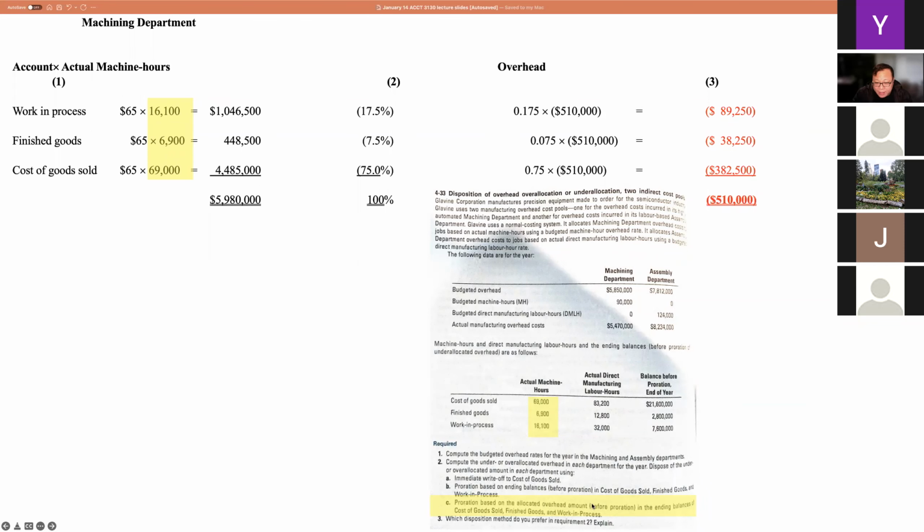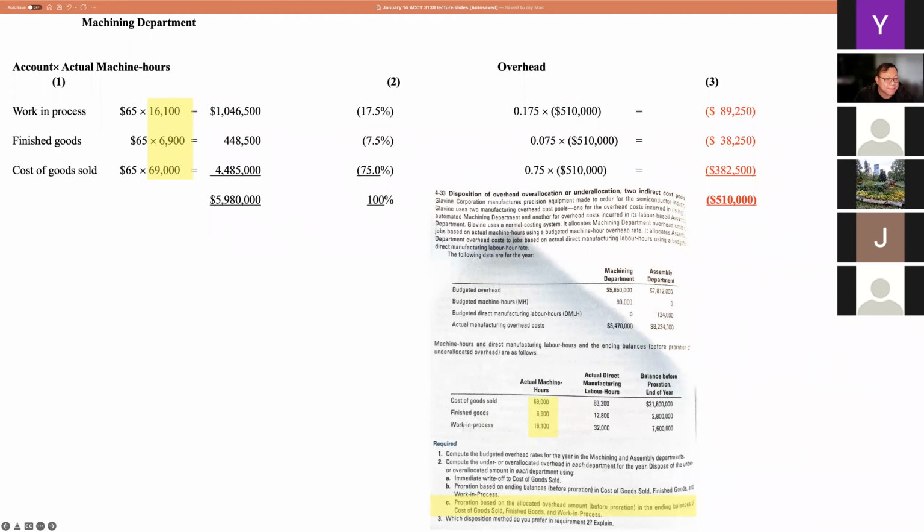Yeah, so basically here, if you take a look at the C proration based on the allocated overhead amount. Remember how we calculate the allocated overhead amount? We are using the standard budgeted overhead rate times the actual hours. That's how we figured out the allocation of the overhead.